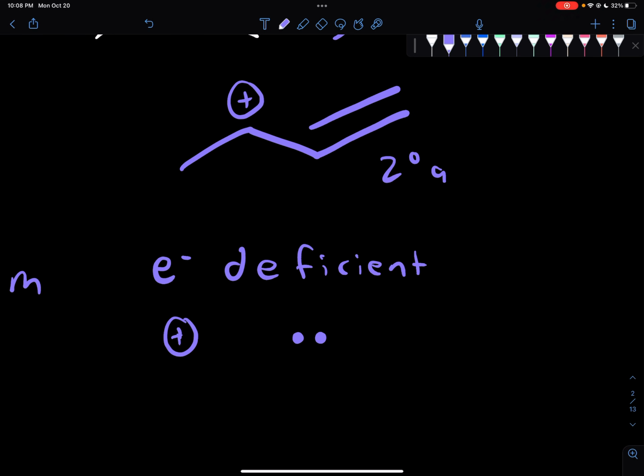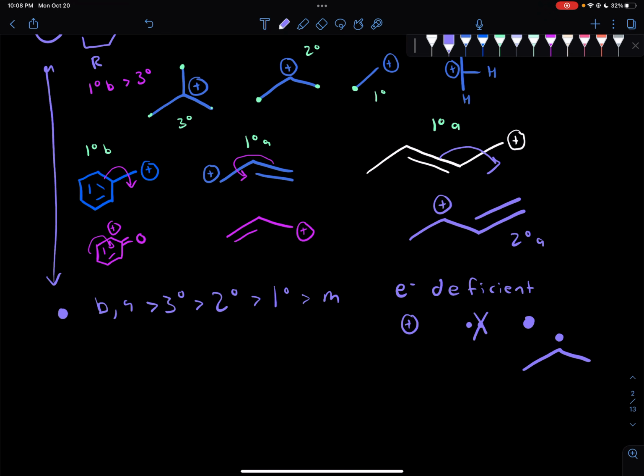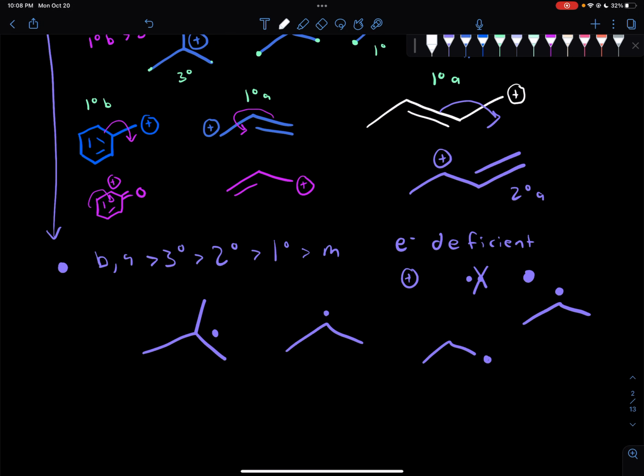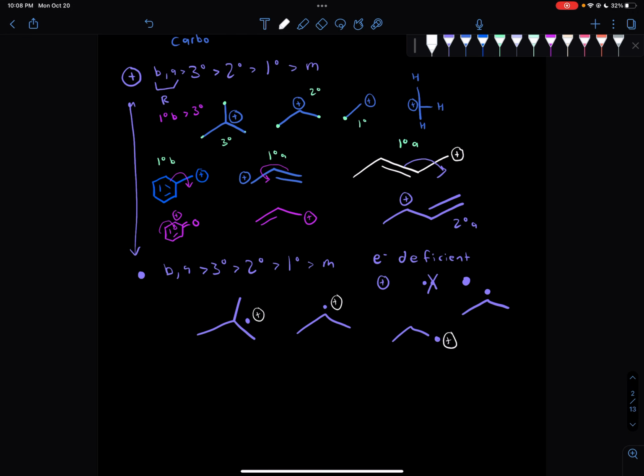This is a lone pair. If you're removing one, now you're deficient in electrons, right? And radicals literally look like this. It's a dot. So the ranking will be the exact same. If you're ever asked to rank by radical stability, you can literally replace these dots with a positive charge, if that makes it any easier for you. And the ranking would be the exact same. So keep this in mind.